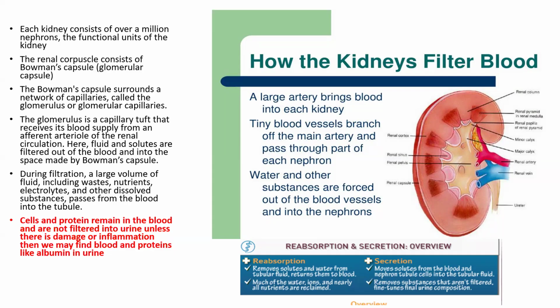Again, blood cells and protein are not going to be filtered into the urine unless there's some sort of damage there. So proteins like albumin, okay, albumin's so important. Why? What does that albumin help us do? I think it has something to do with osmotic pressure. Correct. And that osmotic pressure holds the fluid in the vessels.